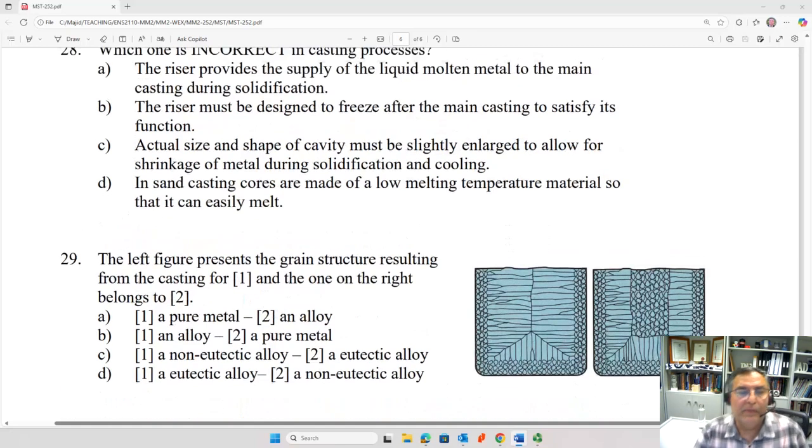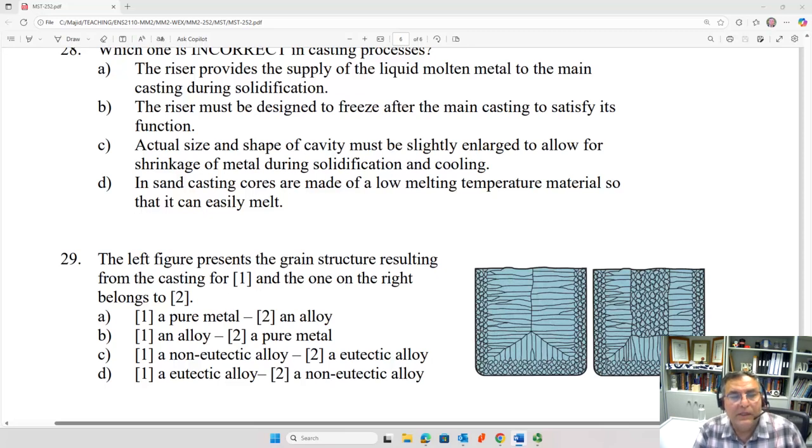Question 29. The left figure presents the grain structure resulting from the casting for 1, and the one on the right belongs to 2. So how can we complete this sentence properly? The combination of the words or phrases provided in A makes this a complete sentence.